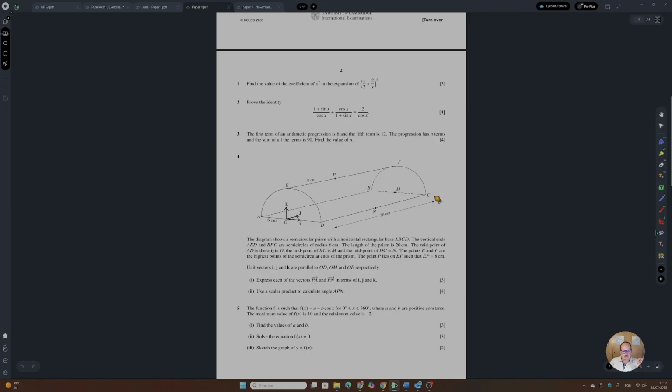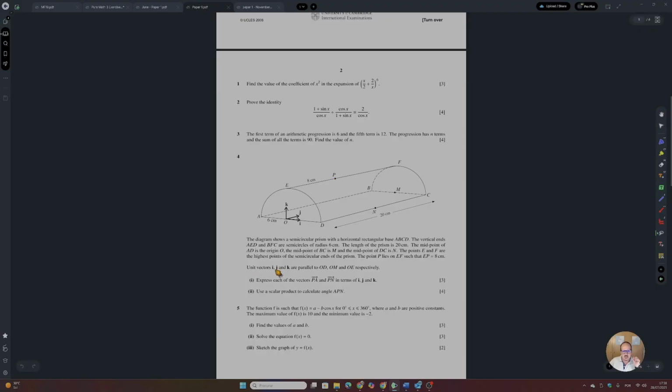The midpoint of AD is the origin O. The midpoint of BC, over here, is M, and the midpoint of DC is N. The points E and F are the highest points of the semicircular ends of the prism. The point P lies on EF such that EP equals 8 centimeters.